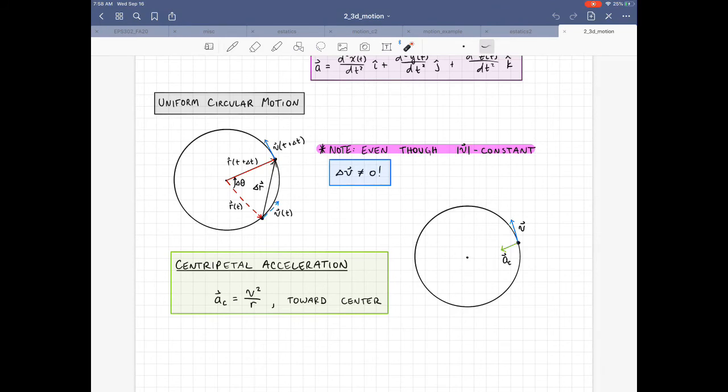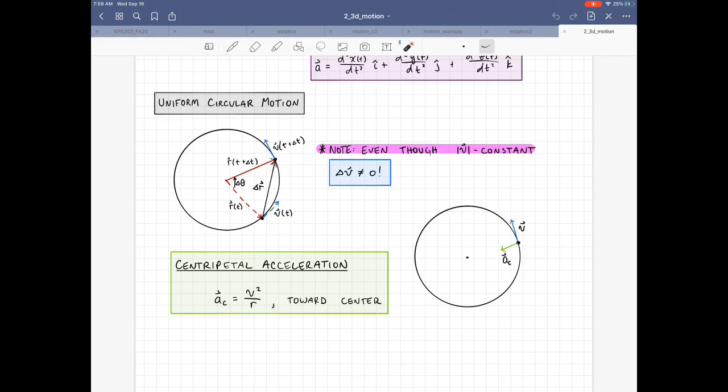Now, in 1D motion, essentially changing the velocity direction isn't really an option because there's no turning, because we are restricted to move along one axis. But in two-dimensional motion, now all of a sudden we have the opportunity to have not only the magnitude of the velocity change, but also the direction.